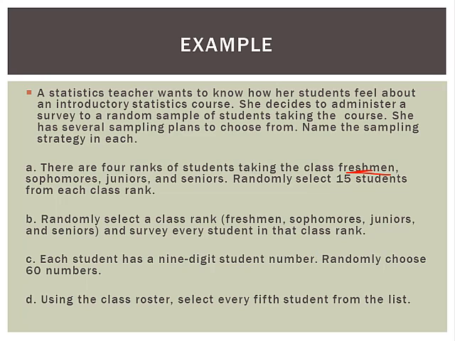Okay, part B. Randomly select a class rank, freshmen, sophomores, juniors, or seniors, and survey every student in that rank. So again, let me write this down. This was the stratified, just to abbreviate that. And what is this one going to be? Here we group them all into freshmen, sophomores, juniors, and seniors, and then we just pick one of these. So I may pick all the sophomores.